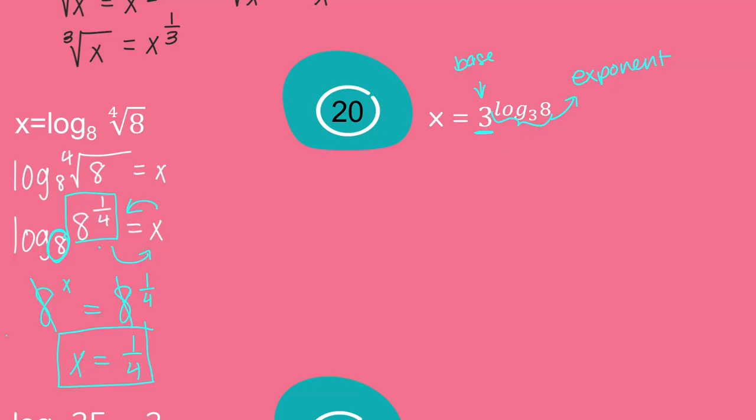Okay, if you want to rewrite it to where your x is on the right, you can, and I'm going to rewrite it for you. It's 3 to the power of x equals 8, which is log base 3 of 8 equals x. Now I can kind of see the switching happening.